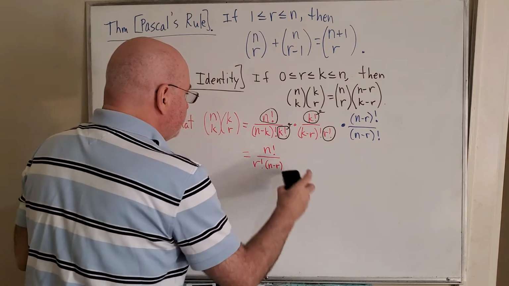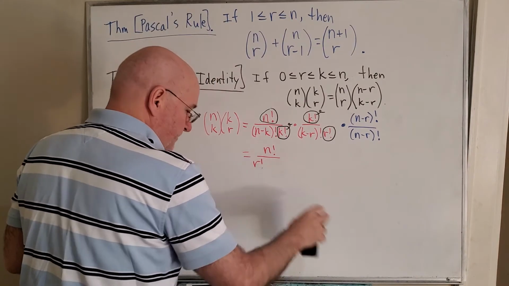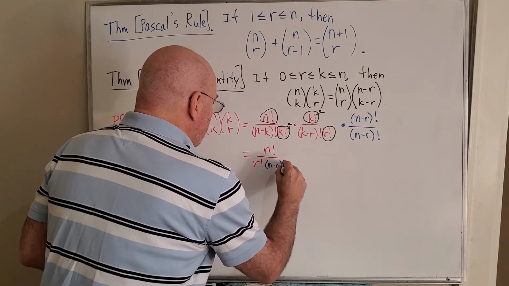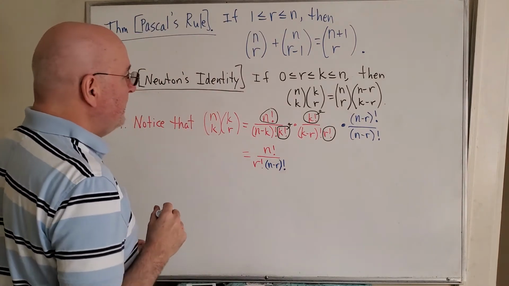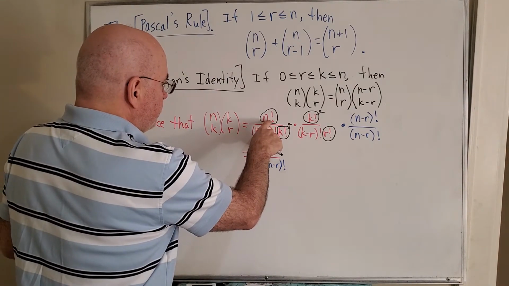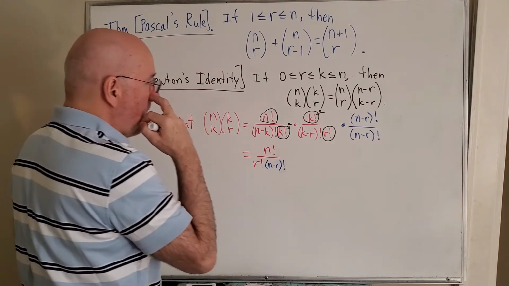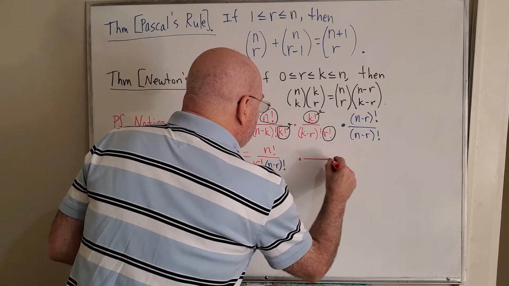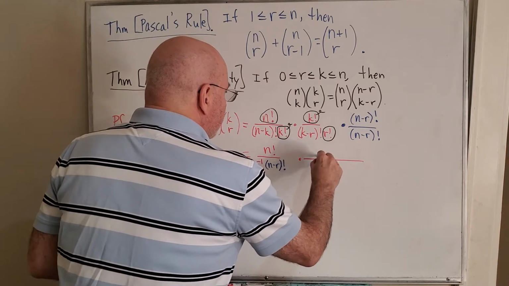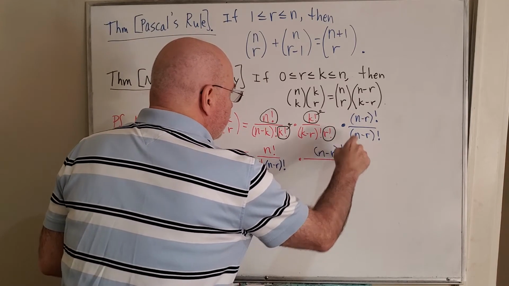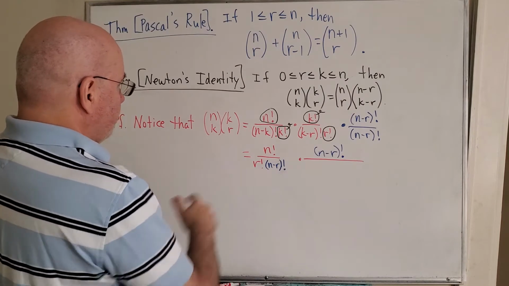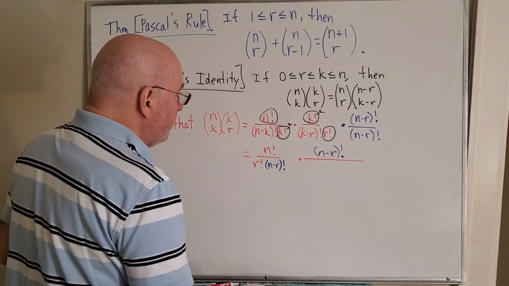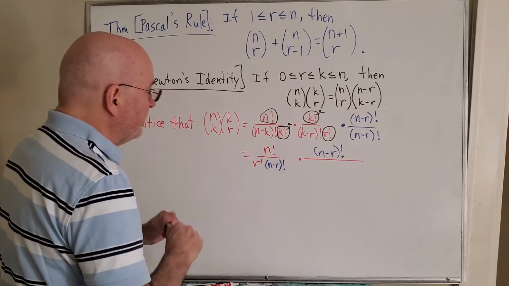Let me make it blue again so we know where it came from. Okay, so I've taken care of this term, and I've used that term. So on the next fraction, we're going to have the n minus r factorial on top. Now I've taken care of both of those, but I still have this n minus k factorial to deal with, and I have that k minus r factorial also.